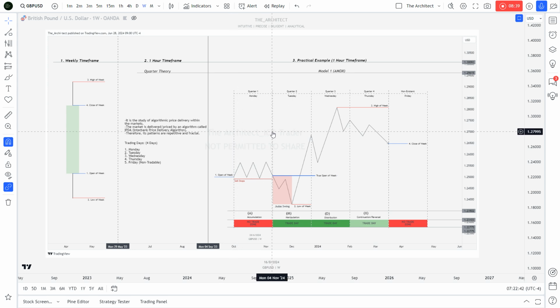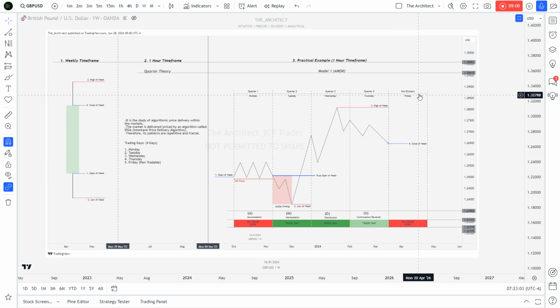Have a 24-hour span until Tuesday, 12 a.m. New York time, and then continue this until Friday. Then you'll start to see that Monday will be your first quarter. Then you'll have your second, your third, and your fourth. There is no fifth quarter.